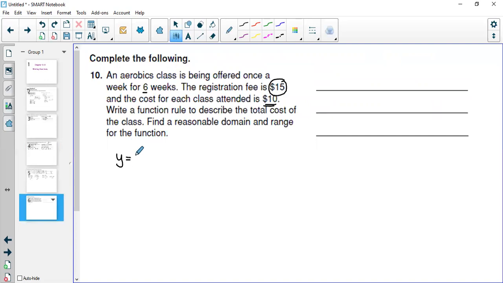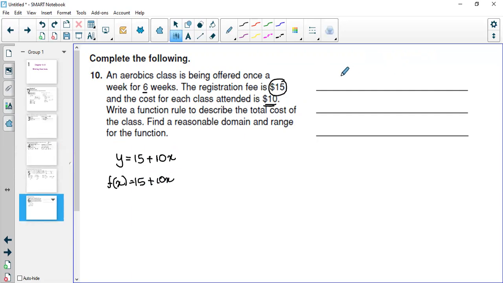So that's $15 which has to be paid, that is 15, and then plus 10 for every class. We don't know how many classes. So this is going to be your equation, because this is a must pay plus $10 for each class. This is how your equation is going to look. Now when you're writing a function rule, it needs to be f of x equals 15 plus 10x.